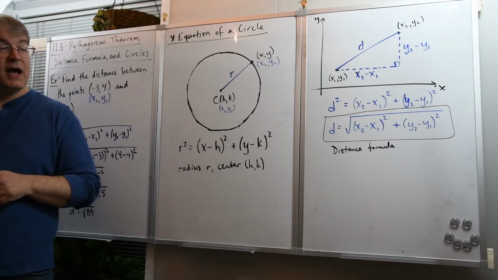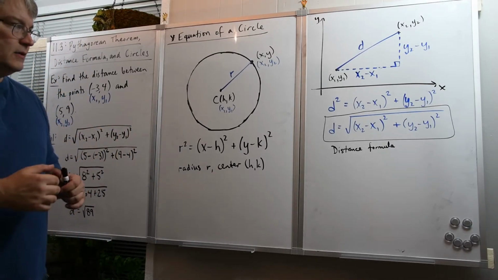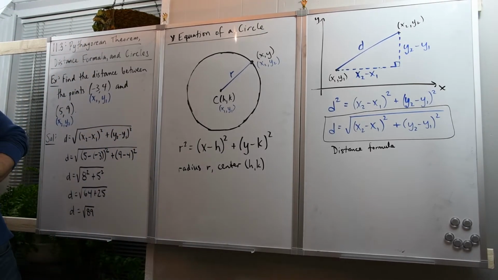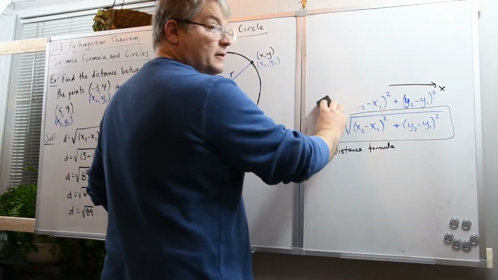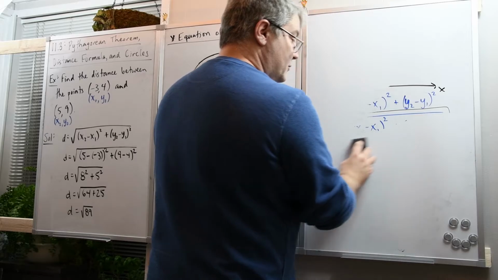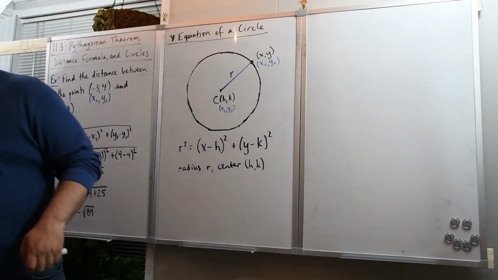And then we can also go in the opposite direction and say, well, we know what the equation is, so what can we say about the radius and the center? So for the following example, we're going to be given some information about the circle, and then we're going to want to come up with an equation for that circle.